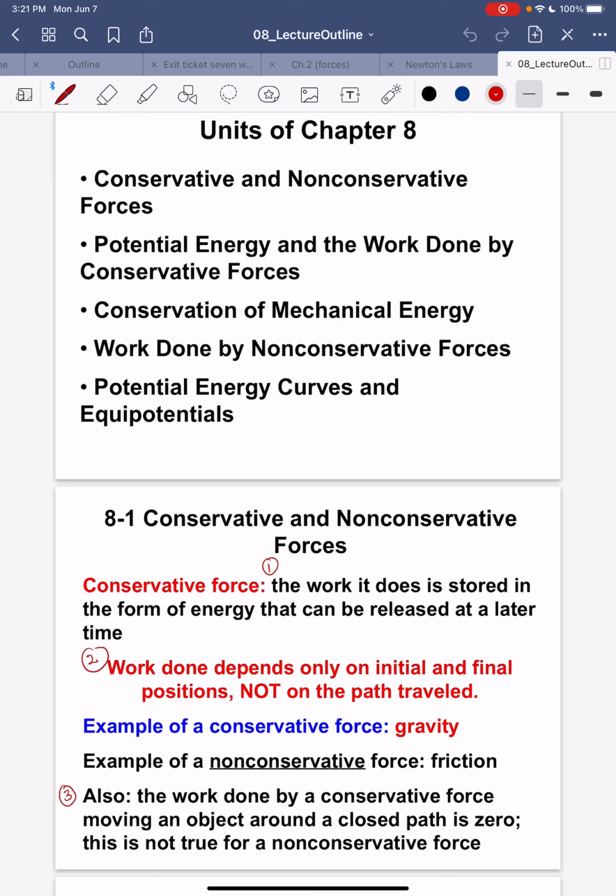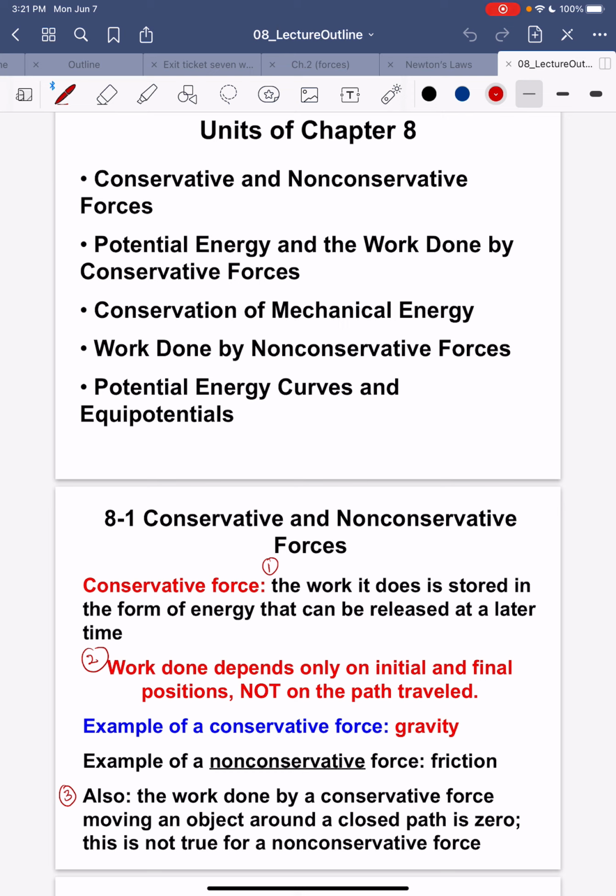This is the work of a conservative force. Versus non-conservative forces, whose work is not going to be stored in the system. Sometimes we say it is lost, but I don't like this term. I like to say dissipated.